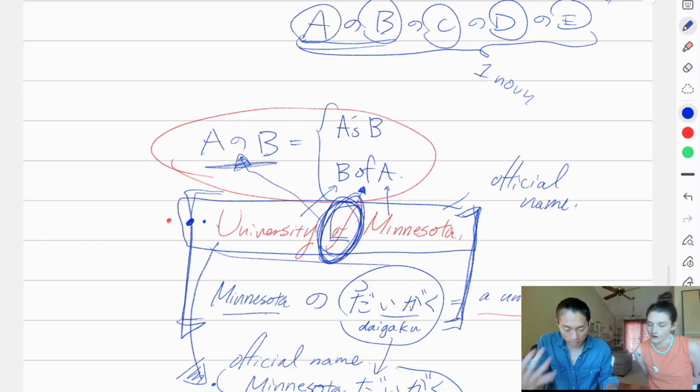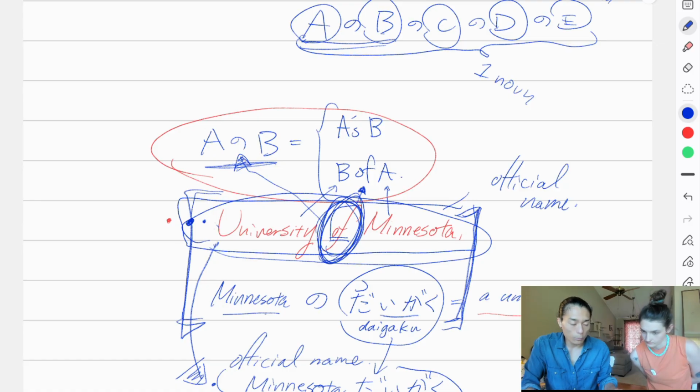If you literally translate "of" from an official name using "of," it would generalize the meaning. If you say University of Minnesota, literal translation Minnesota no daigaku, then it would mean universities in Minnesota. So it's in general, there are many universities in Minnesota.